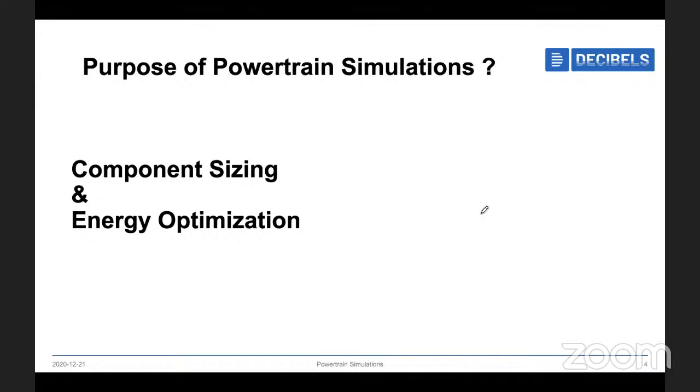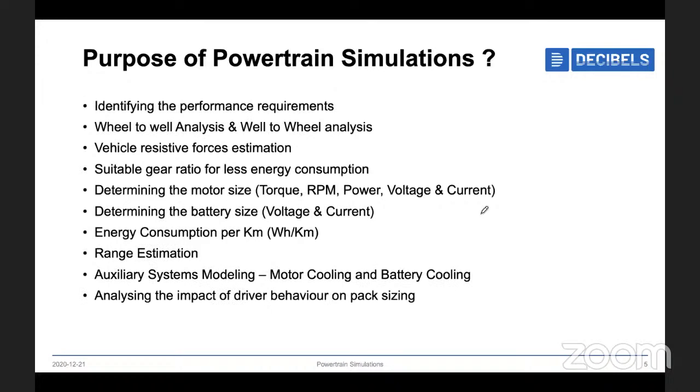What are the subcategories of this component sizing and energy optimization work? The first parameter is identifying the performance requirements. We will be developing a car, and the main aim is to reach some standards or performance set by the event.